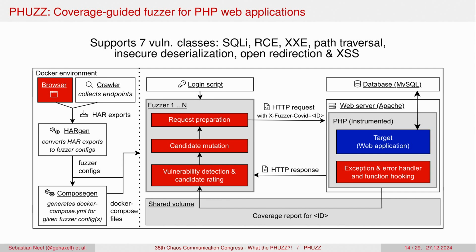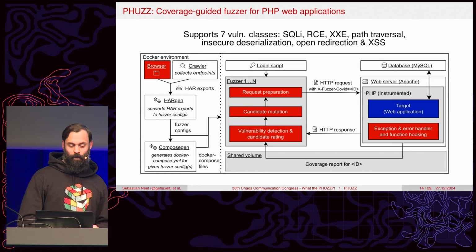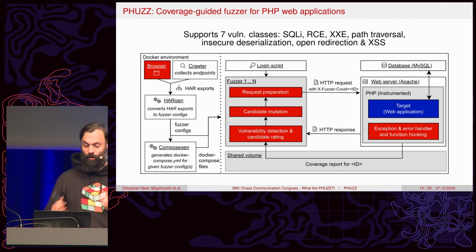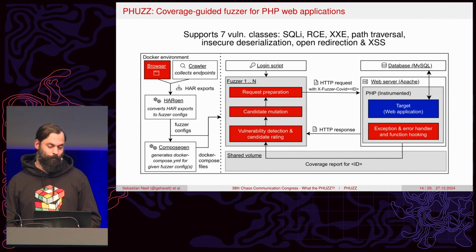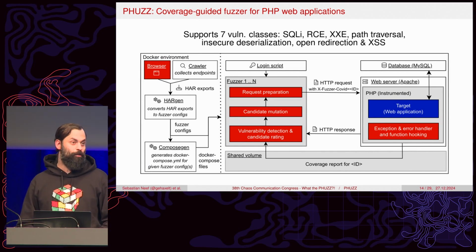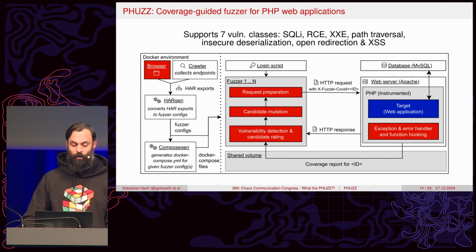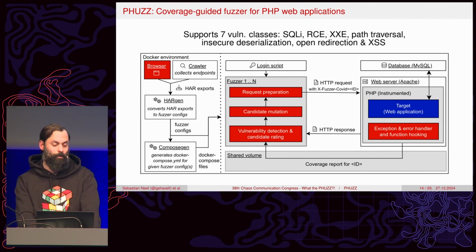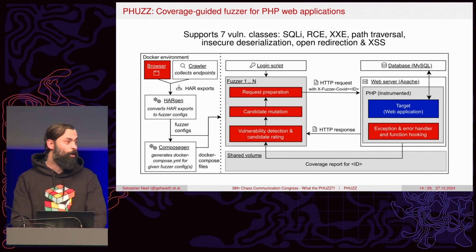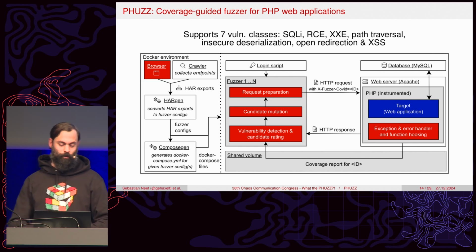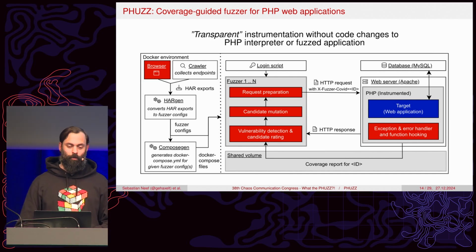You can just start several instances of that fuzzer for parallel fuzzing, which might improve the fuzzing speed or the results in a positive way. And the fuzzer supports 7 different vulnerability classes: from SQL injection over remote command execution, external entity injection, path traversal, insecure deserialization, open redirection, and cross-site scripting.